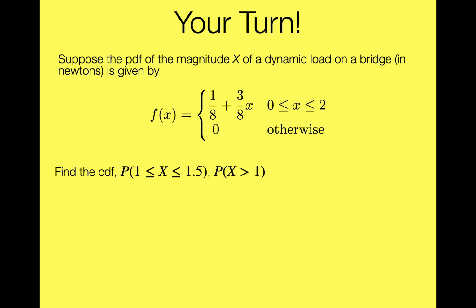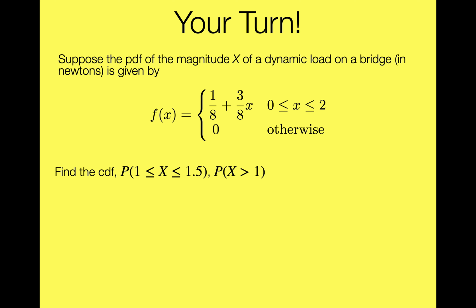So here's your turn. I'll give you an example. Suppose the PDF of the magnitude x of a dynamic load on a bridge in newtons is given by the following formula: 1/8 plus 3/8 x when x is between 0 and 2. I want you to find 3 things. First, find the CDF.